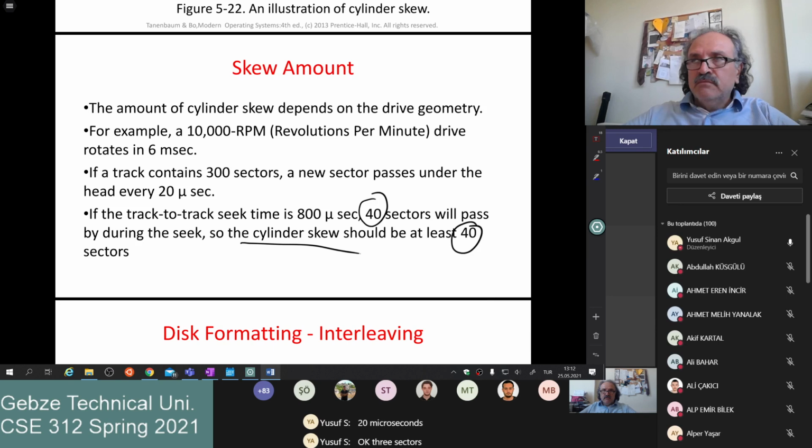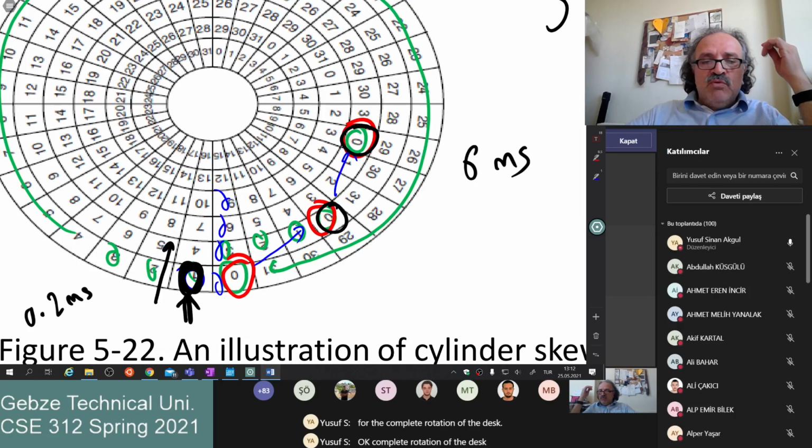This is an optimization. If I don't use any skew amounts, what does that mean? It means that after I move my head from this position to this position, I have missed the sector number 0. Then I will have to wait the whole 6 milliseconds for the complete rotation of the disk, and that's going to take a lot of time for me to complete my I/O.